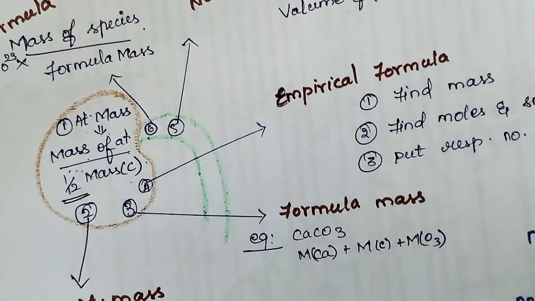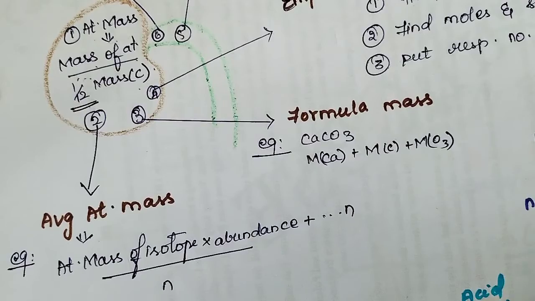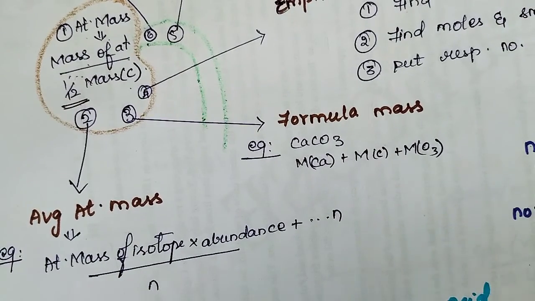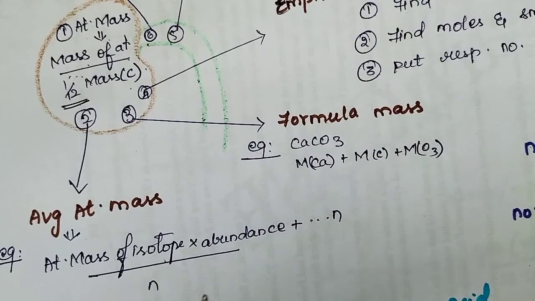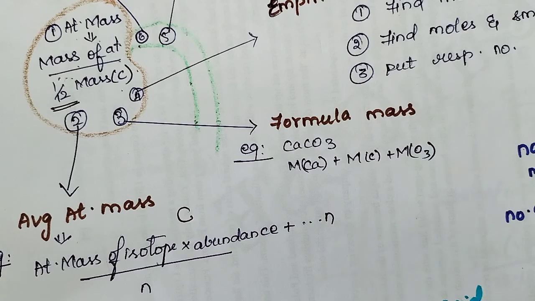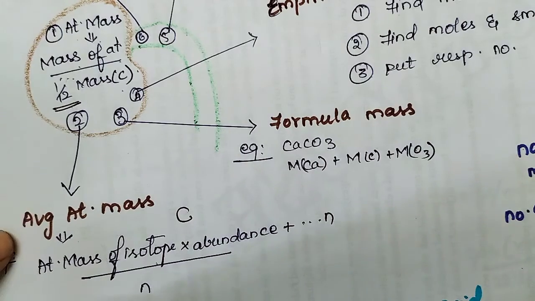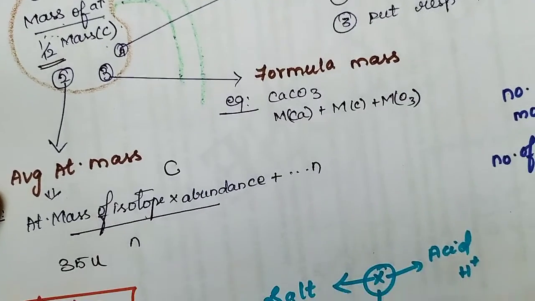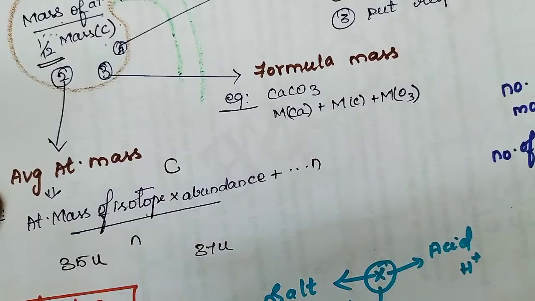First we will calculate the average atomic mass. Average atomic mass means, if you take the atomic mass of isotopes, let's take chlorine. The chlorine isotope masses are 35 u and 37 u.